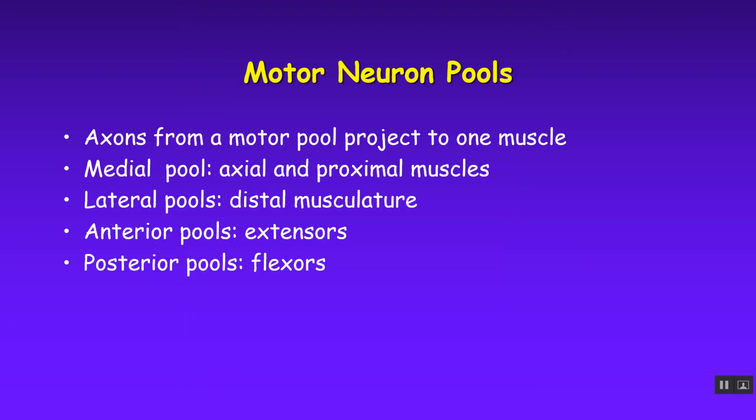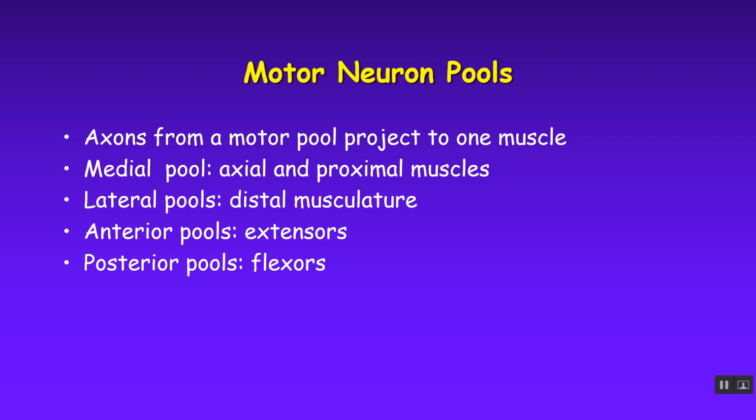Motor neuron pools we mentioned already, but these are the axons from a motor pool that project to one muscle. When we look at the motor neuron pools inside a spinal cord segment, we can usually divide them into a medial pool, a lateral pool, an anterior, and a posterior pool. The motor neurons that lie in those tend to go to certain parts of your limb.